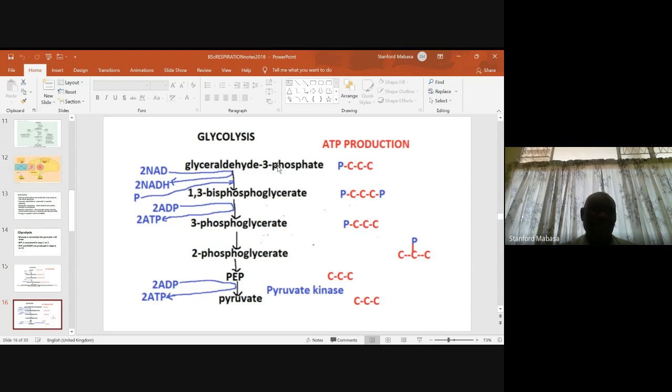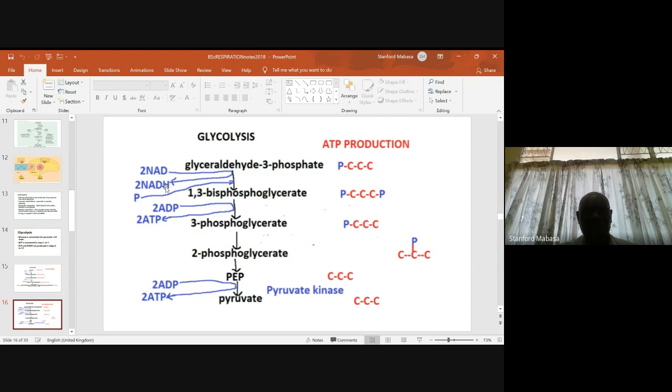So glyceraldehyde 3-phosphate is oxidized. Actually, it gives NADH.